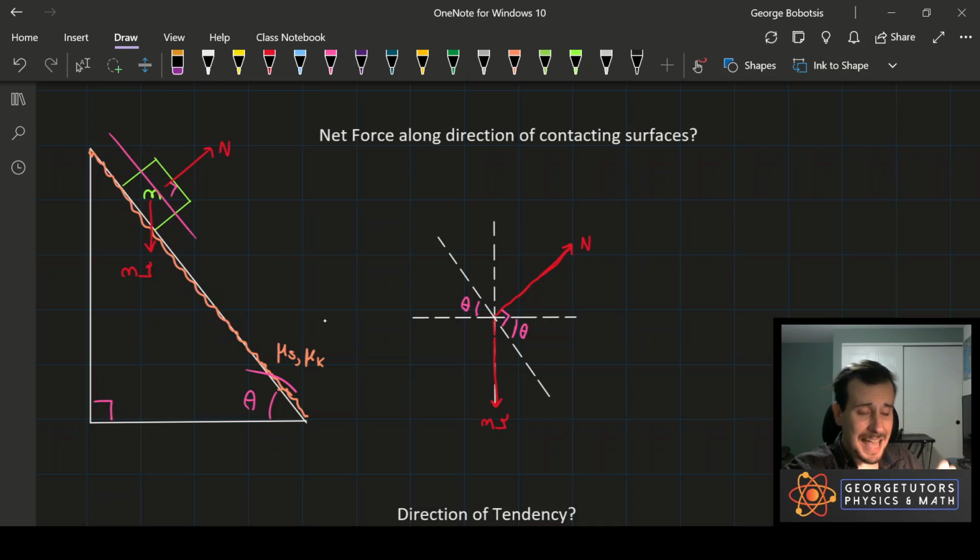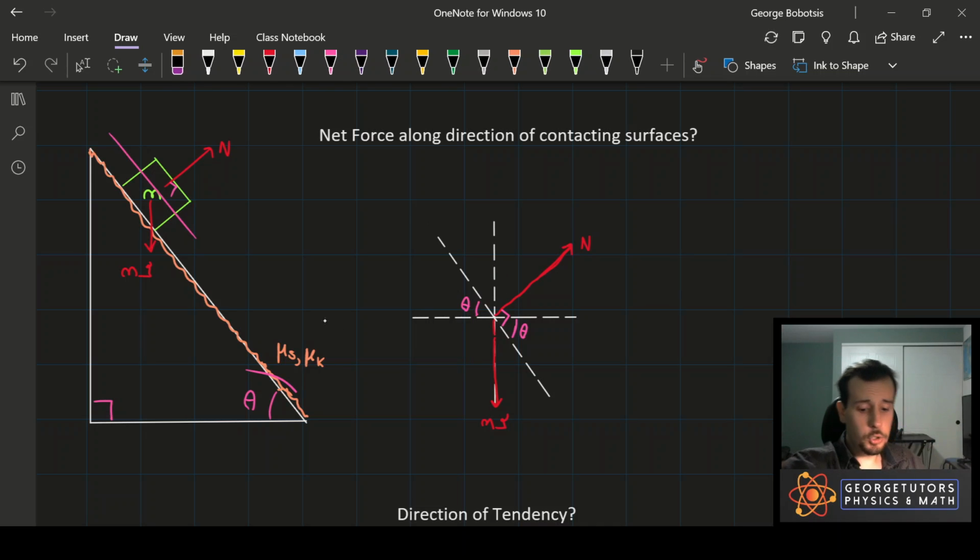So I am not actually going to put the static friction in my free body diagram right now because I don't want to see its effect. I want to see if the other creators of acceleration are going to actually exceed that friction. I want to compare the rest of the things that are happening on this incline to what the friction is going to be, which would obviously be acting upwards and to the left.